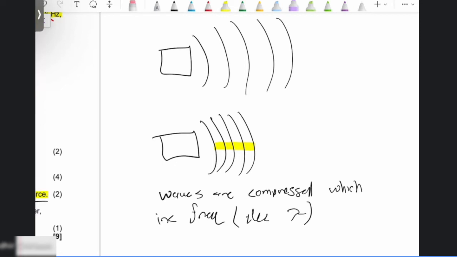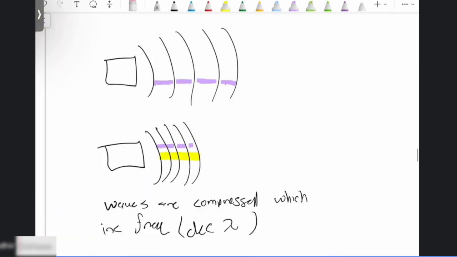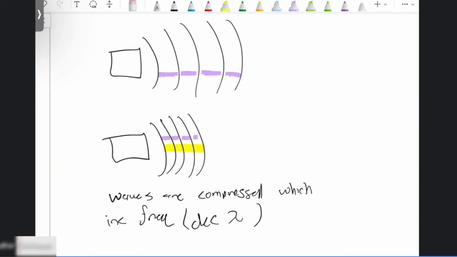Because this would normally be the wavelength, and now these wavelengths are so much smaller. The wavelength is the distance between two crests, or between two consecutive troughs. So as the wavelength decreases, frequency increases. Okay, I'll just make sure you guys have that. No questions? All right.